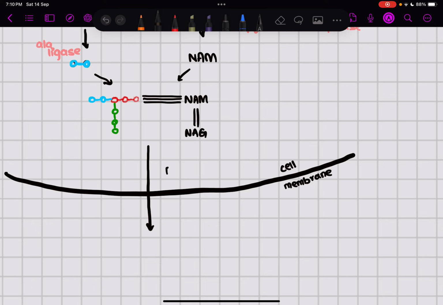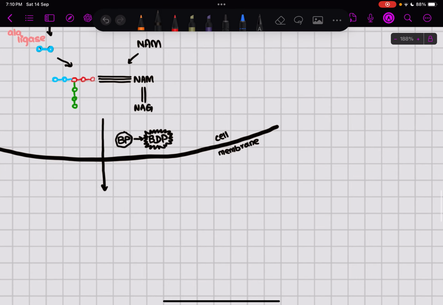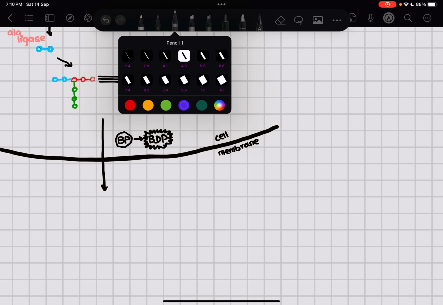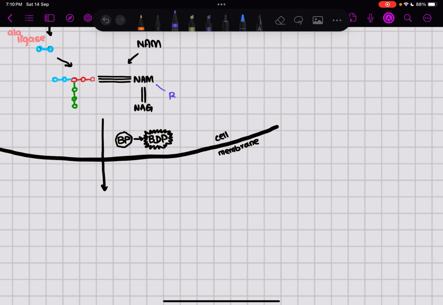Bactoprenol phosphate, let it be written as BP, and this one needs energy. So bactoprenol bisphosphate or diphosphate is the energy molecule. It has got two phosphates, and now it can make the whole unit go out. Let that be in another color. Bactoprenol diphosphate.